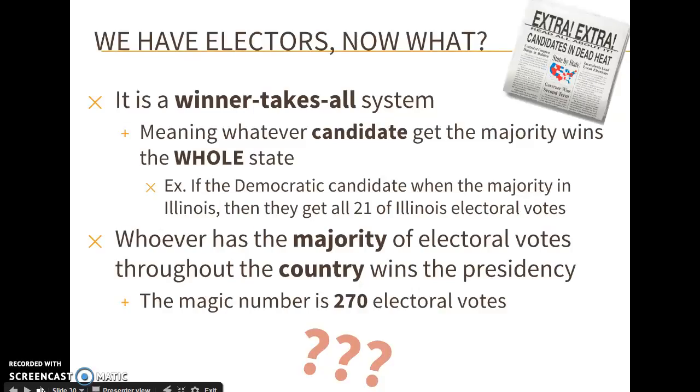That means a bunch of people in Illinois voted for Trump, but since Hillary won the state, she gets all 20 electoral votes.